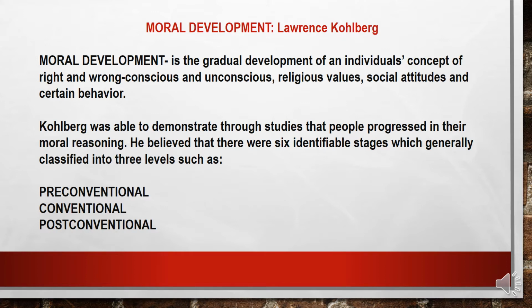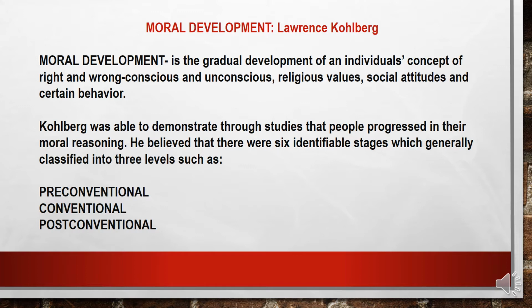The conventional level is typical of adolescents and adults. Persons who reason in a conventional way judge the morality of actions by societal views and expectations. The post-conventional level is also known as the principled level.